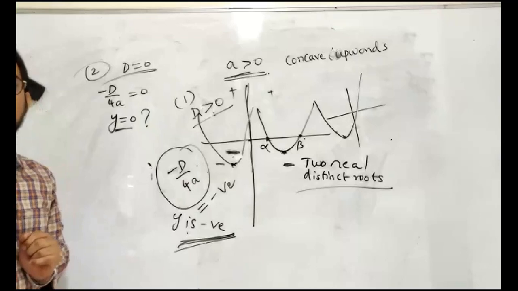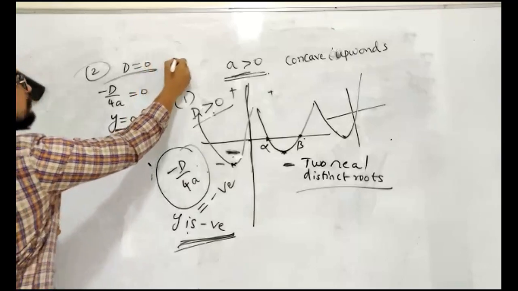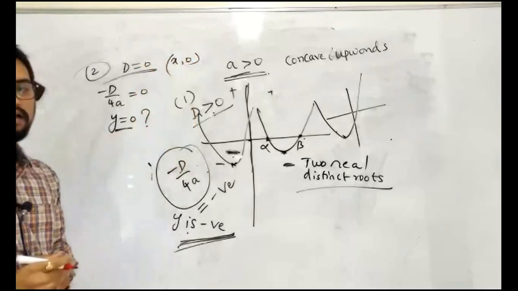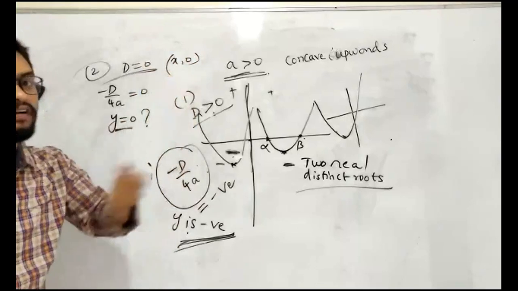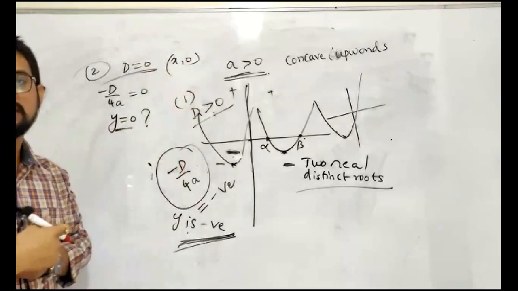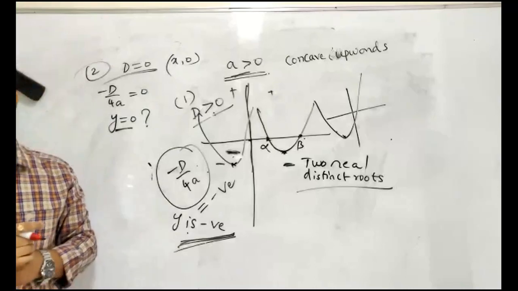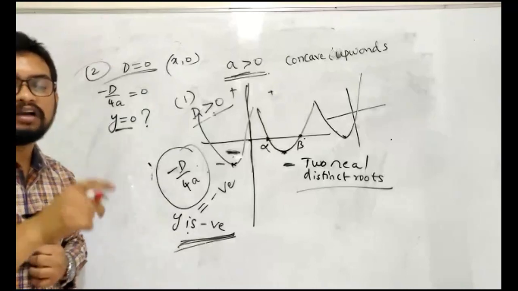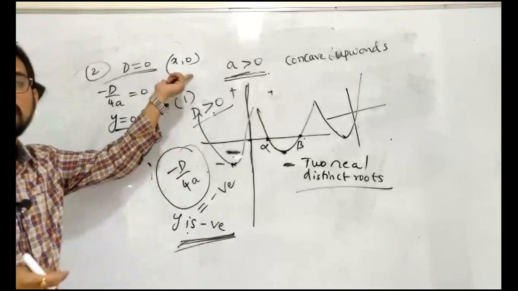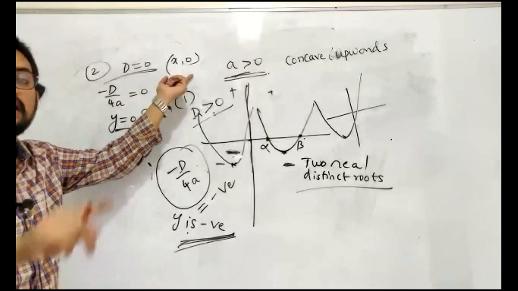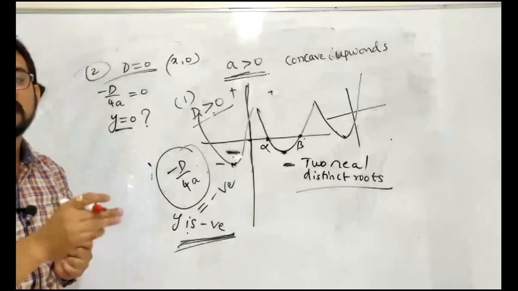It is of the form x, 0. It will lie on the x axis, because for any point on the x axis the y coordinate is 0.